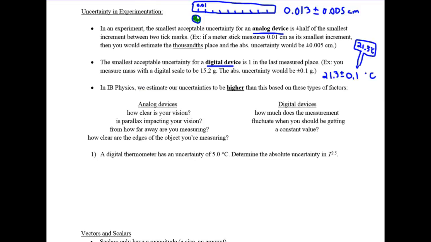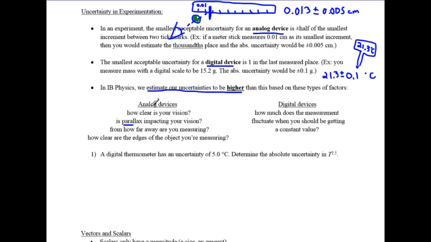Now, things go wrong in experiments, which cause us to estimate the uncertainty to be higher than what the rules dictate. For example, if your vision is not very clear, or if maybe the pea has rounded edges, or maybe you're viewing from an angle, here's your eye, and so you see that the pea is somewhere around 0.02 something, that's called parallax.